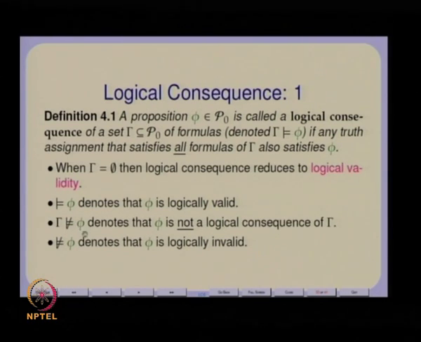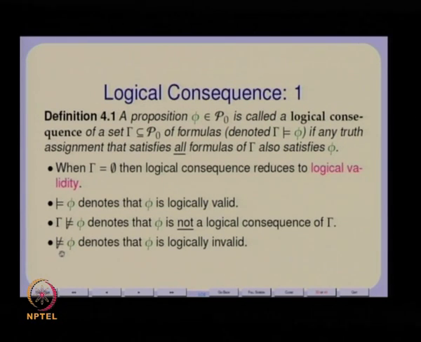We are essentially saying that phi is not a logical consequence of gamma, and that holds if and only if it is possible to find a truth assignment in which every formula of gamma is true, but phi is false. That's the extent to which we will talk about something not being a logical consequence.